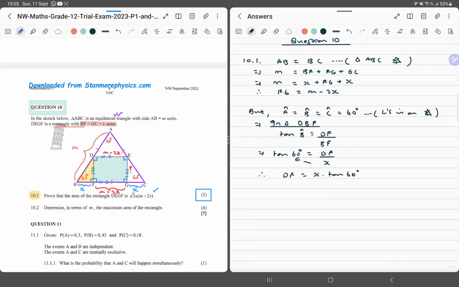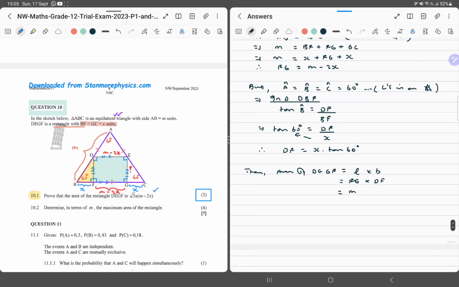Anyway, now we can say then the area of DEGF, did they write it that way? Is going to be equal to length times breadth. The length is FG times the breadth, which is going to be DF. Can you see that? This is now M minus 2x into x times tan of 60 degrees.